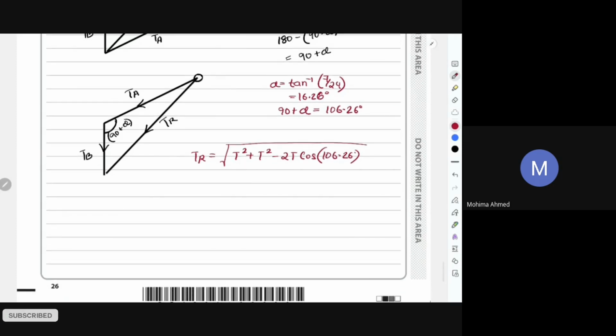Again, I have to break down this t square. T square itself was how much? 4 by 3 whole square, right? Which is 16 by 9 m squared g square, since t is actually 4 by 3 mg. Adding this with another t square is 16 by 9 plus 16 by 9, which is 32 by 9.